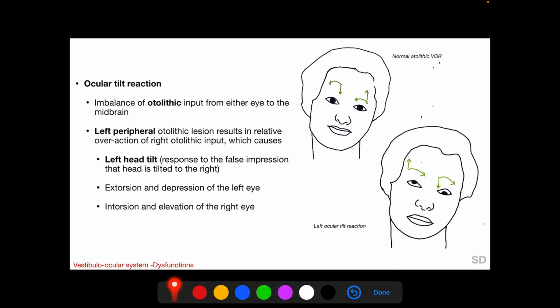As a result of the lesion in the left otolithic apparatus, the head is tilted to the left. In addition, the left eye depresses and extorts and the right eye elevates and intorts, which is exactly the opposite of this situation. And as a result, there is a skew deviation in addition to the left head tilt.